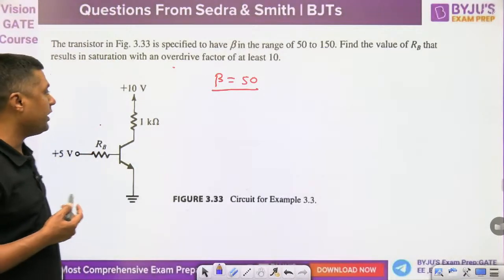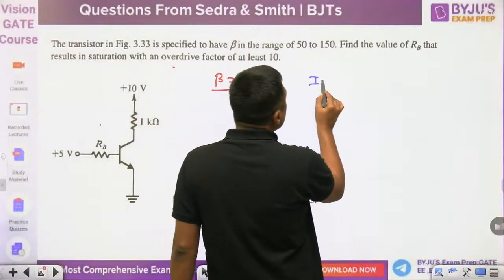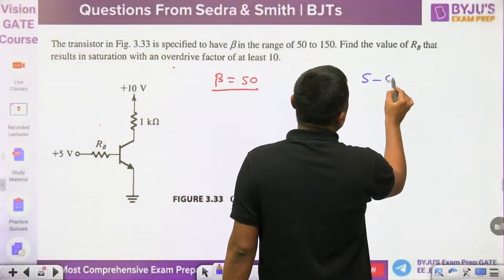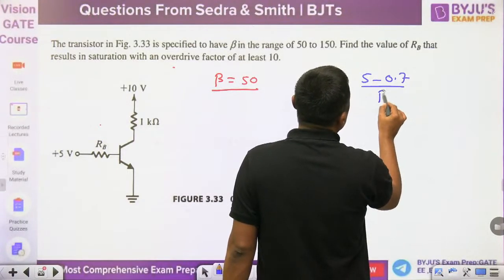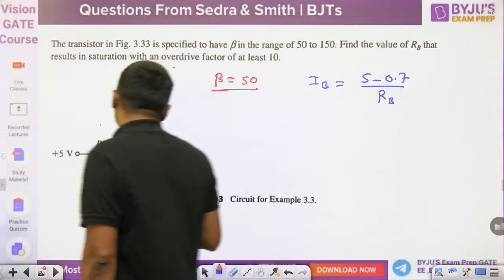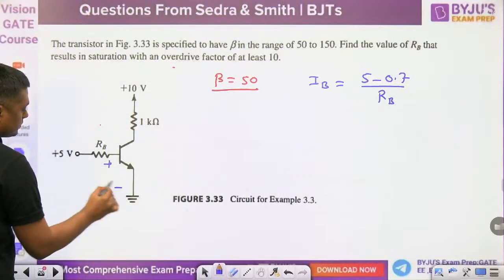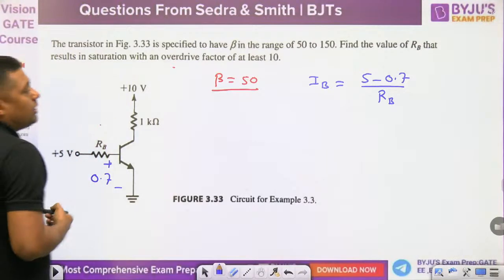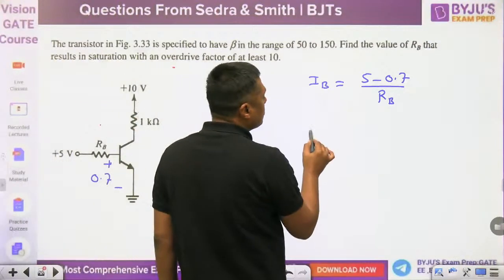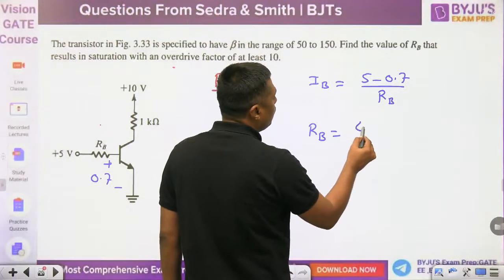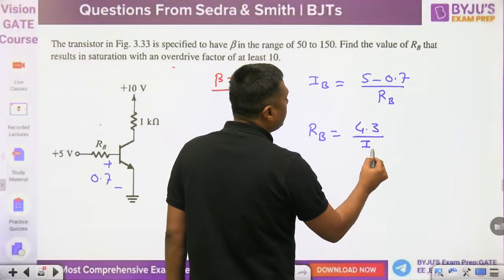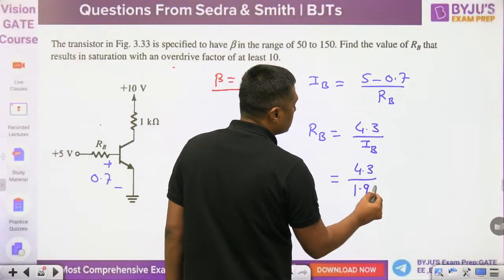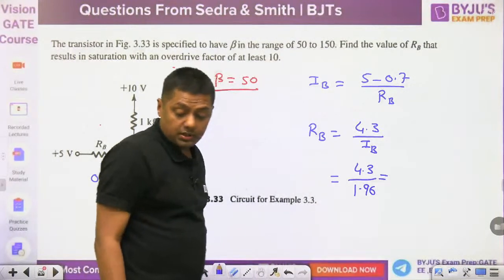So RB is required. Now you have IB equal to 5 minus 0.7 upon RB, because this voltage is 0.7 VB. 5 minus 0.7 upon RB is equal to IB. So RB is equal to 4.3 divided by IB, and the IB required is 1.96 milliampere.